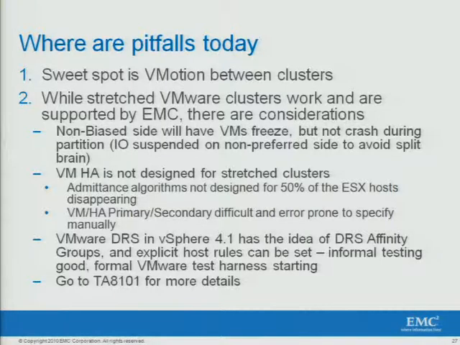The problem is that in this scenario, on partition, you're going to lose half your cluster, which means you have to, in essence, disable the HA constraints. Otherwise, you're going to have problems when you try and actually fail over. Some VMs won't start because they'll violate the constraints.